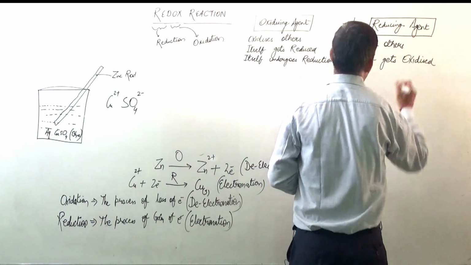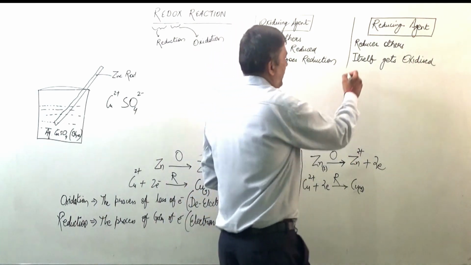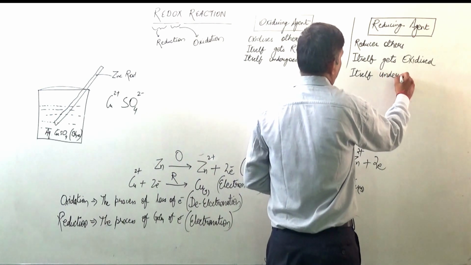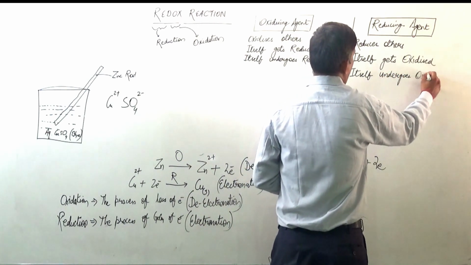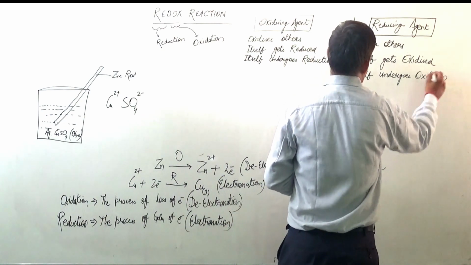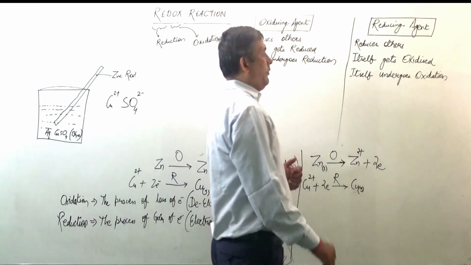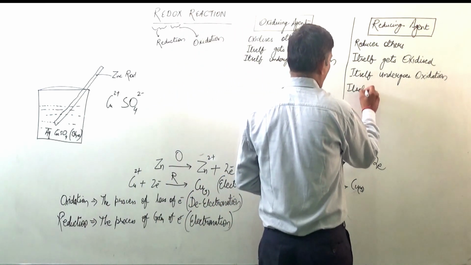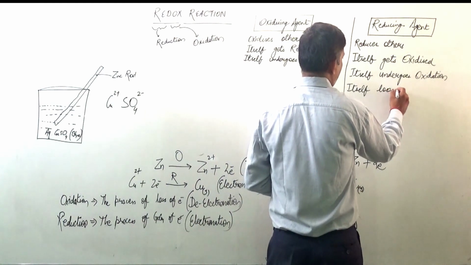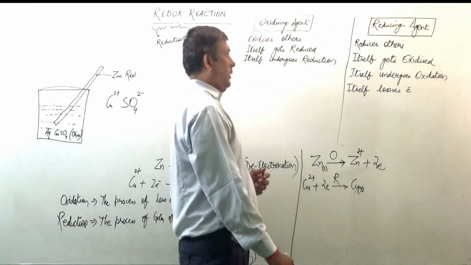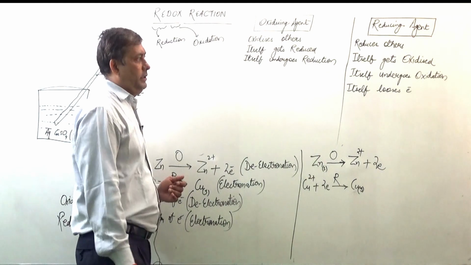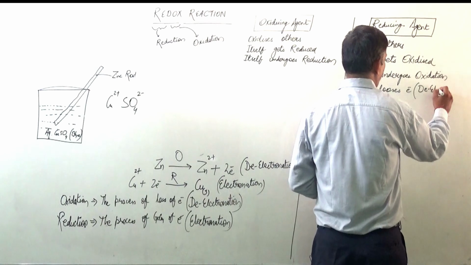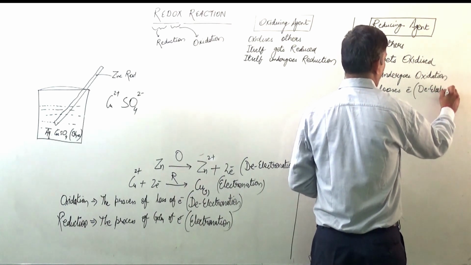Oxidized means undergoes oxidation. So we will write itself undergoes oxidation. And as we know, oxidation is the process of de-electronation. So we can write itself loses electrons. And this process of de-electronation is also called electronation's opposite.